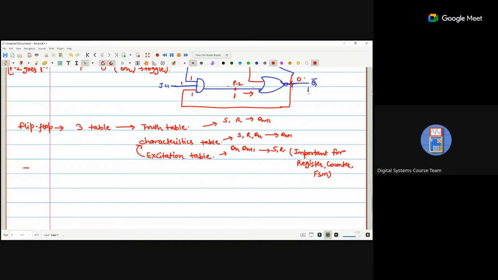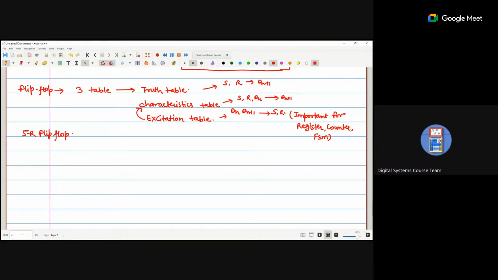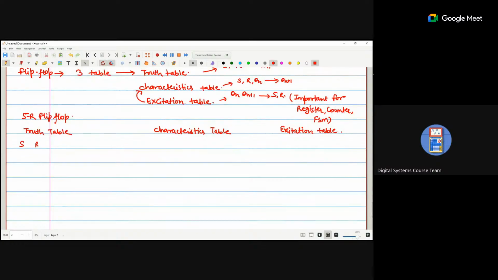Okay, so I will tell you for the SR flip flop. Initially I draw the truth table, characteristics table, and excitation table. In the truth table, S and R are the inputs and Qn plus 1 is the output.